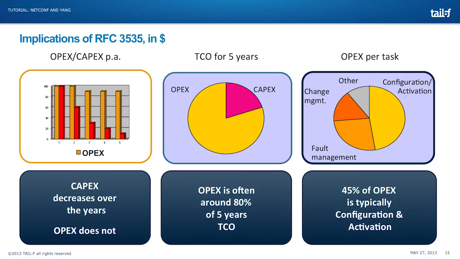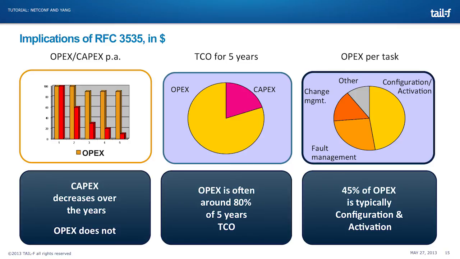And if you look at breakdowns of OpEx per task, in this right-hand box, you can see that configuration and activation tasks are typically 45% of your OpEx. Reducing OpEx has a significant impact for operators of networks.